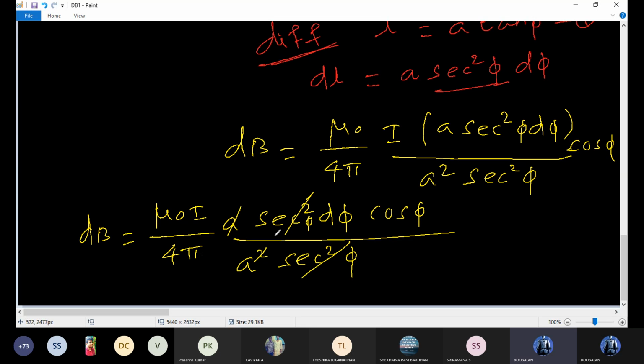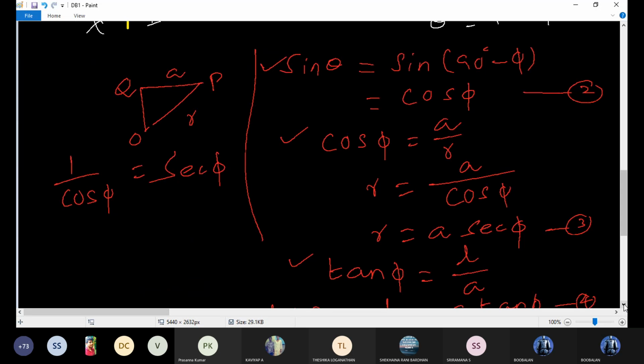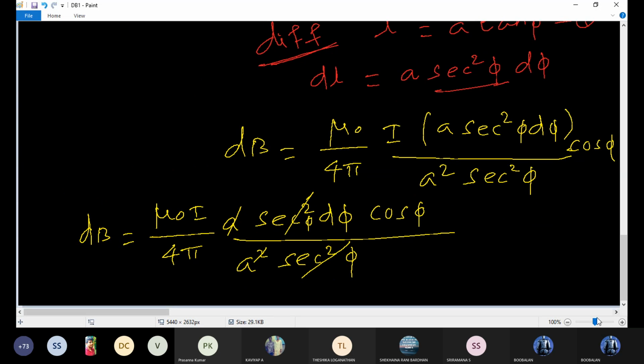The remainder term is the dB value. So dB is equal to mu naught I divided by 4 pi A, cos phi d phi. This is equation number 5.